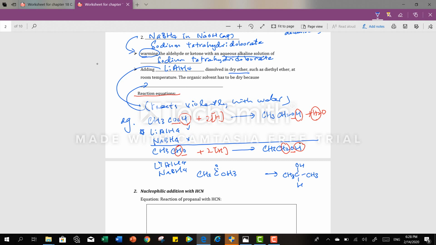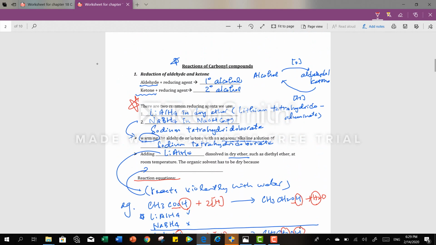Okay, same as before, you can check the number of oxygen is 1. So you don't have to use any water molecules. However, when you look at the number of hydrogen, here, 3 hydrogen, 3, 4, 5. So you need to add 2 hydrogen atoms here, okay? Now this is the first reaction, reduction of aldehyde and ketone.